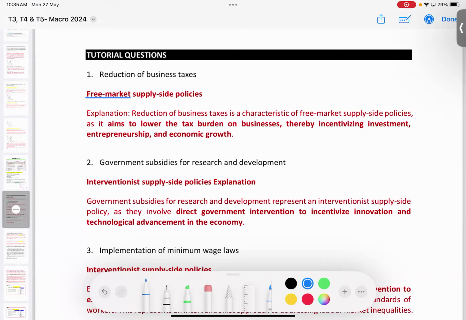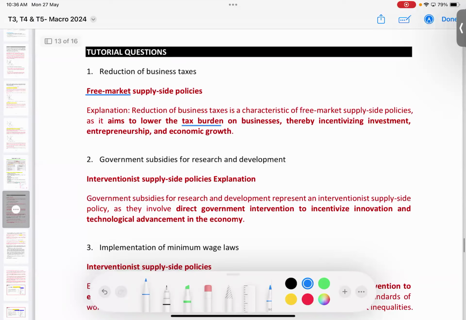This is aimed to lower the tax burden on business, therefore incentivizing investment, entrepreneurship, and economic growth, because lower business taxes will encourage people to start up new businesses, to produce more output, to sell more, and that results in economic growth without much government intervention.